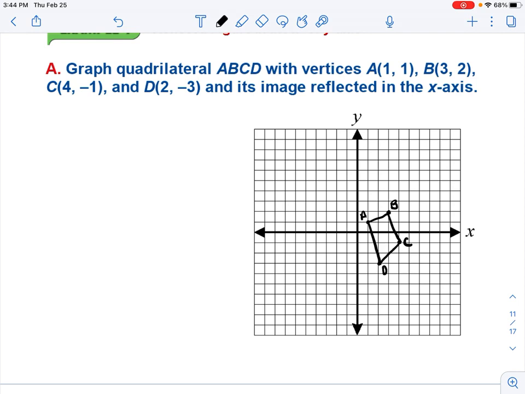Okay? Now we are reflecting it across the x-axis. That is this one here. To do the equation way, I like to write out my pre-image coordinates.